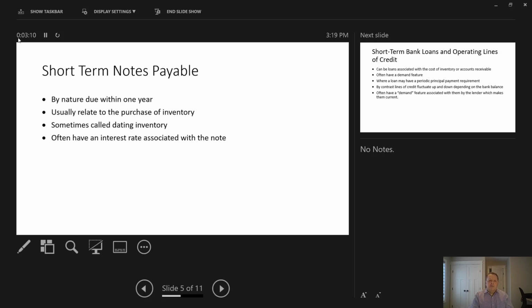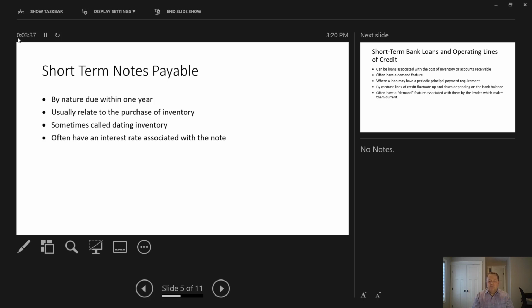Short-term notes payable are very interesting. They're by nature due within 1 year. So remember we said current liabilities have to be due within 1 year. Well, that's exactly the case here, that they would have to be due within 1 year if they're short-term notes payable. And they're going to be in the current liabilities section of the balance sheet. So we know they're due within 1 year.